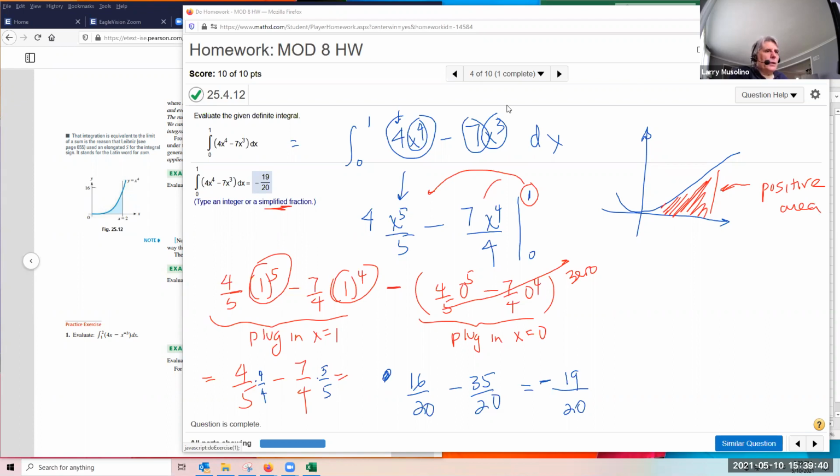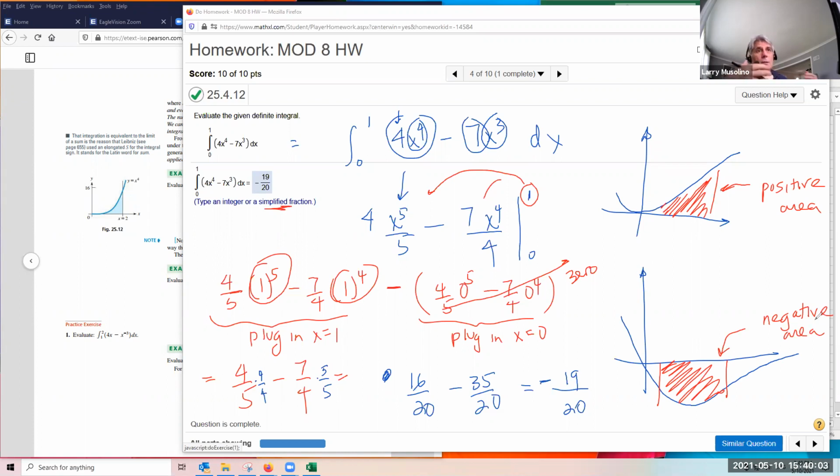But if I was calculating a graph that dips below the x-axis like this, let's say I was finding this area here, because this area is below the x-axis, it's negative. So it is possible to come up with a negative area because that's a signal to you that the area you're finding is below the x-axis.